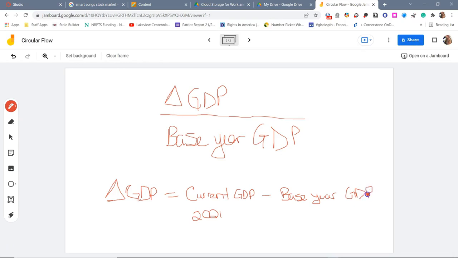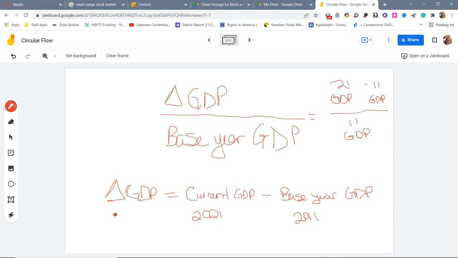And so if I'm looking at 2011, that base year would be 2011, right? So let's go up here. So that's 21 minus 11 GDP, divided by 11's GDP. Does that help you understand it?